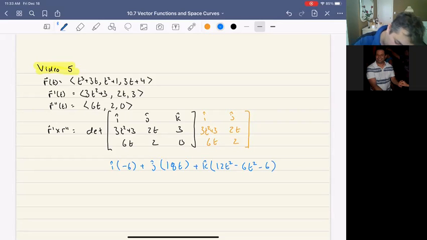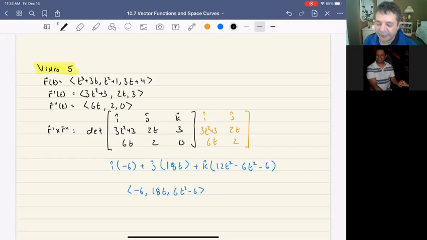So that's going to be negative 6, 18t, 6t squared minus 6. Okay. Let me put little hats on that one. Okay, so that's all you have to do. There's nothing really crazy about it.